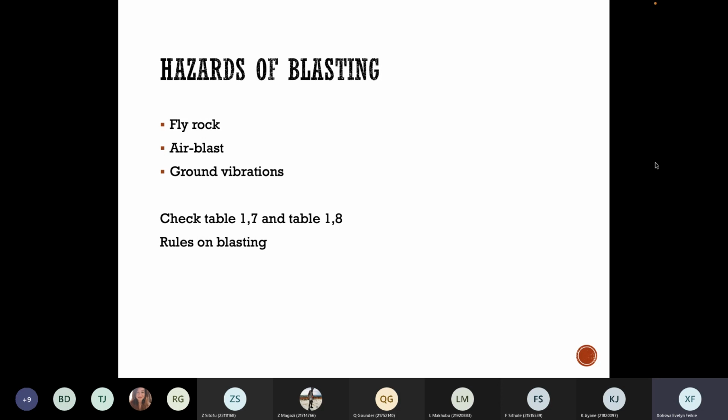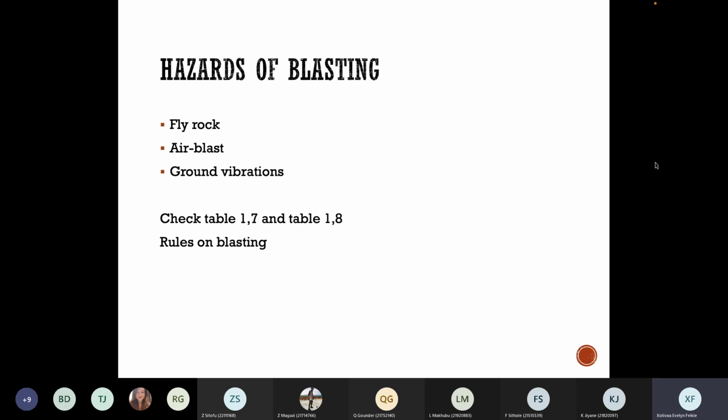Also, the other thing that they have a problem with is ground vibrations. That's why it's very important to know where your quarry is. Are there residential areas, yes or no? If there are, then you need to be more careful, because you can't have explosives that will cause any cracks in people's houses or structures.